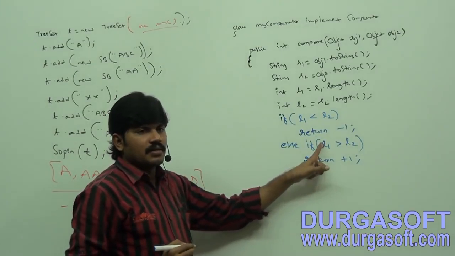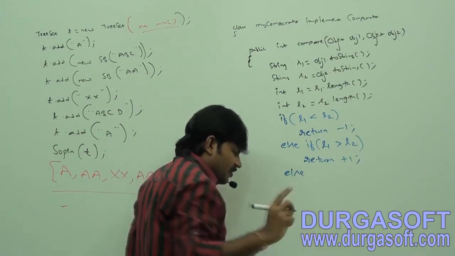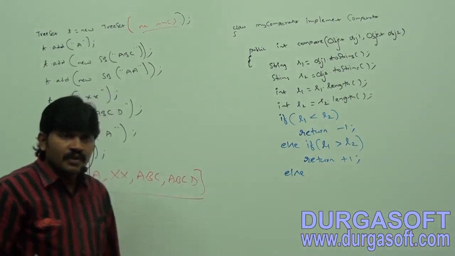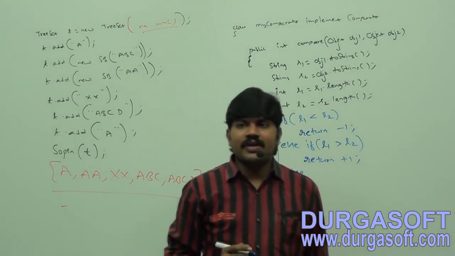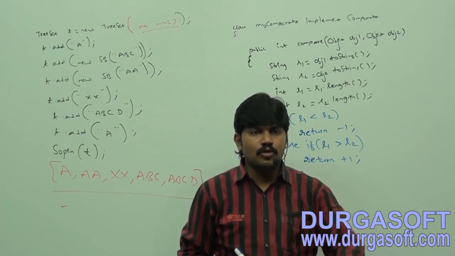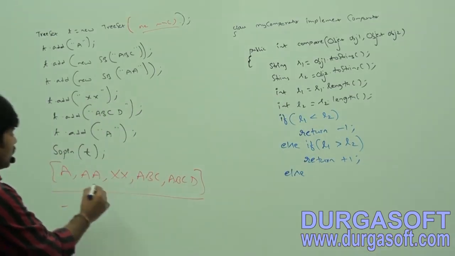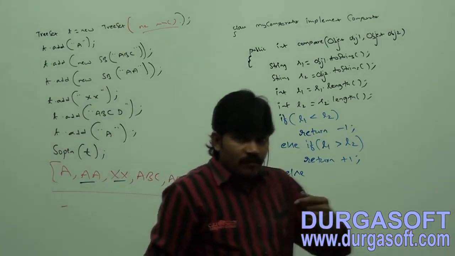Positive. Higher length string will come next. Else, can you tell what to return? If I return 0, if two objects have the same length, they are considered duplicates. But here have you observed? A should be there, XX should be there. If two objects have the same length, consider their alphabetical order.